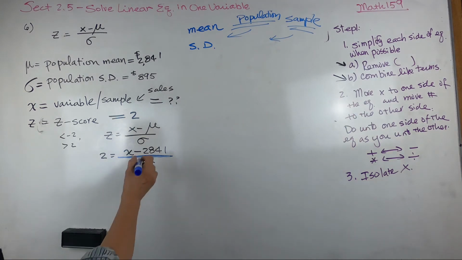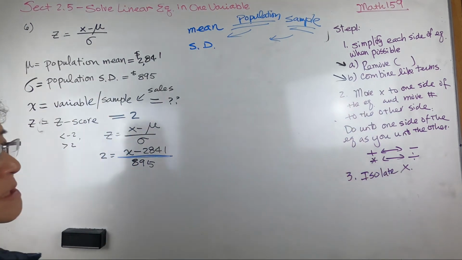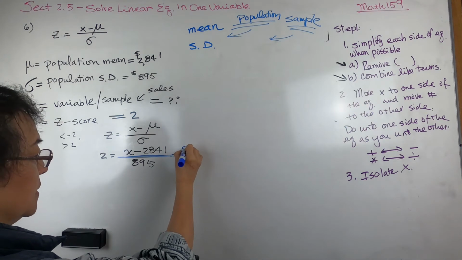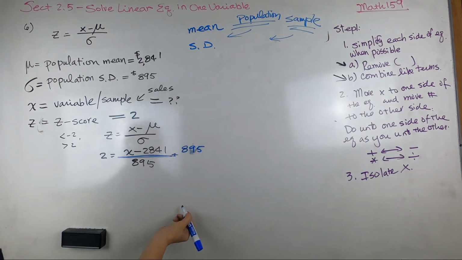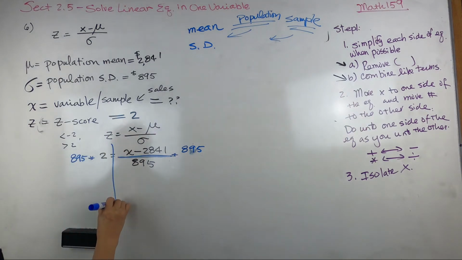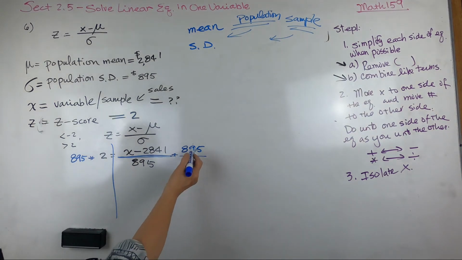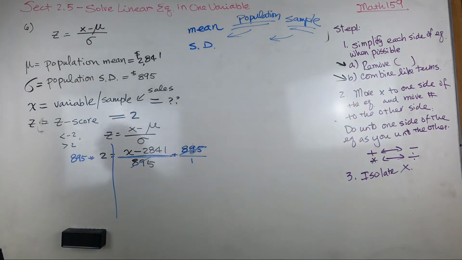How can we do that? Do the opposite. Do the same thing to one side of the equation as you do to the other. So we want to get rid of 895. It's division, so you do multiplication by 895. You multiply one side, you multiply the other side. When you multiply, 895 over 1 cancels this.